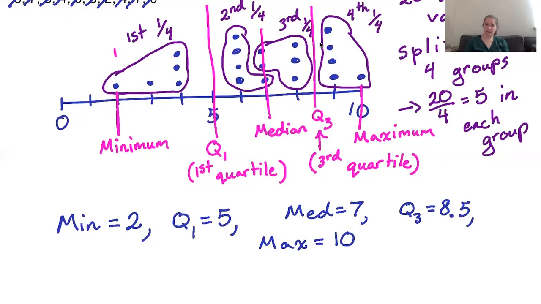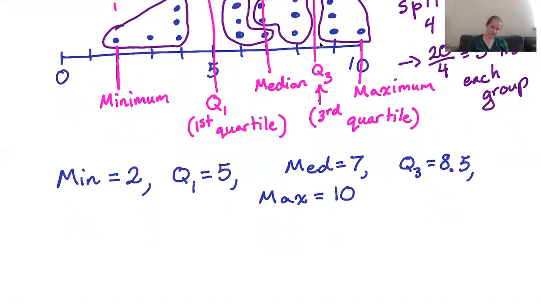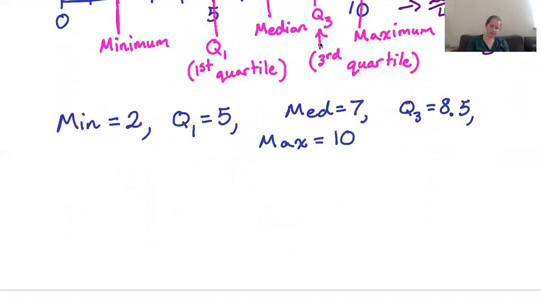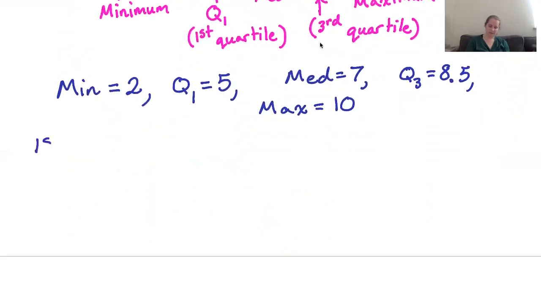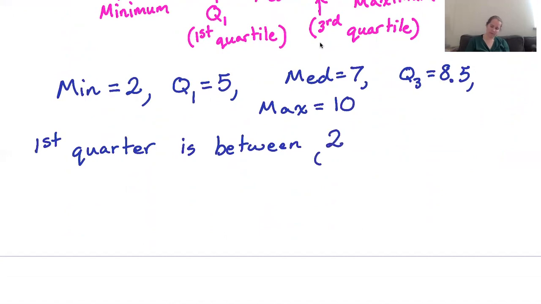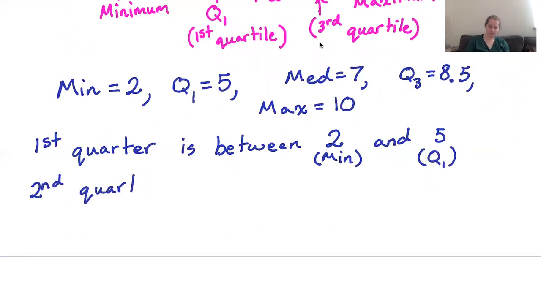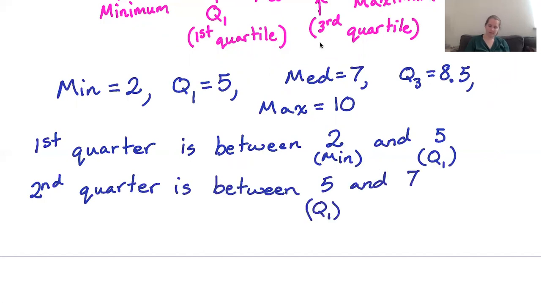So again, the first quarter is between the min, so 2, that's our minimum, and 5, Q1. Our second quarter is between 5 and 7. So our Q1 and the median.